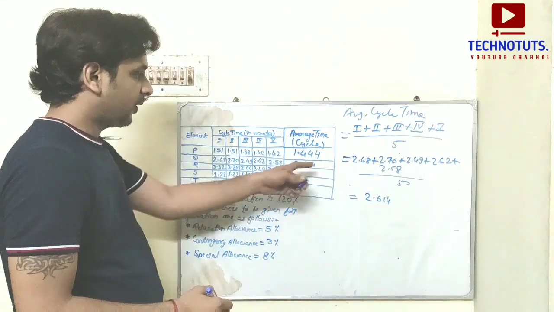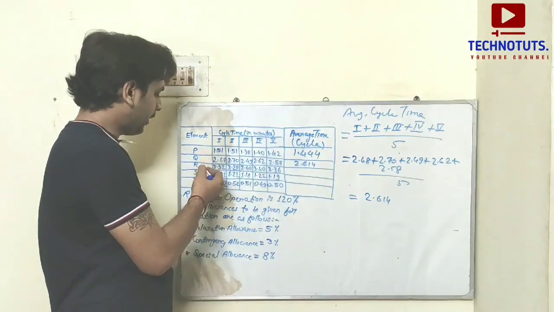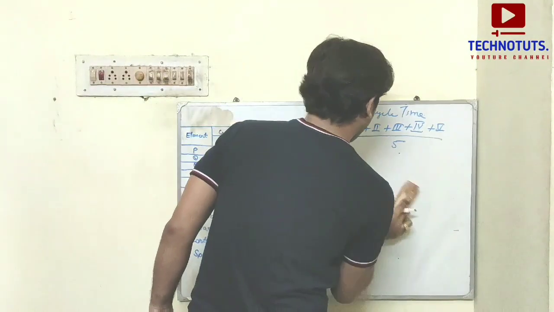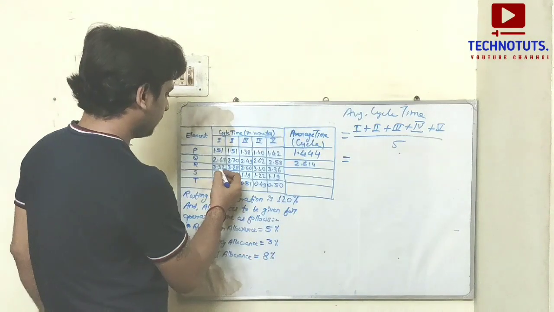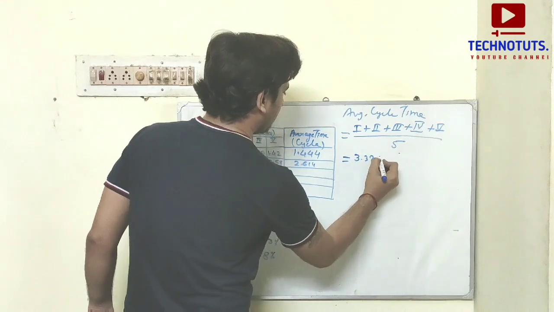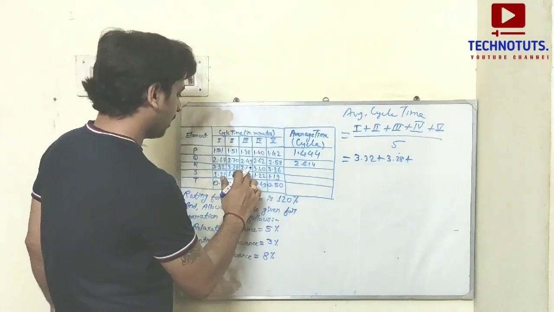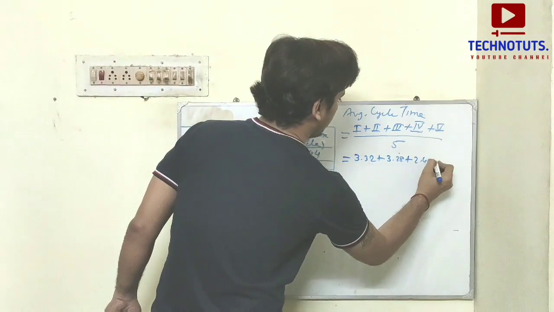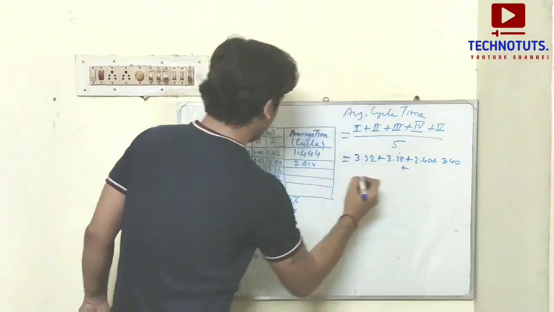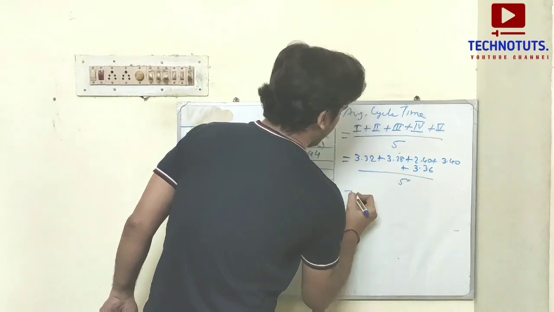In the same manner we will calculate the average cycle time for elements R, S, and T also. For R, the 5 cycle times are given over here. First cycle time is 3.32, second is 3.28, third is 2.40, fourth is 3.40, fifth is 3.36, divided by 5.